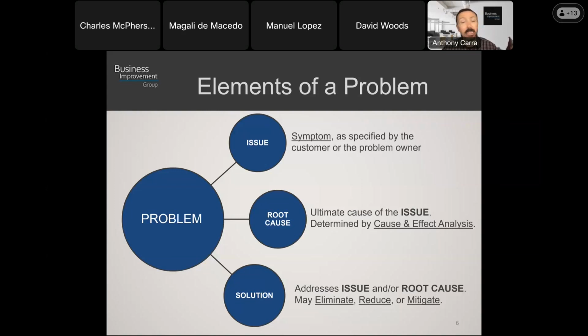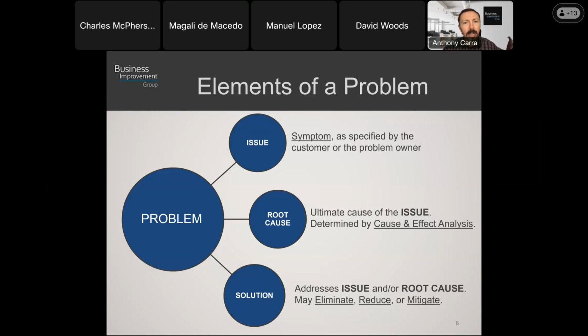If you can't eliminate, at least reduce, meaning lower the frequency of the problem occurring, or mitigate, right? Mitigate meaning that you may come into a situation where there's really not much you can do. The event is going to happen, but you somehow lessen the impact when it does happen. So these are the essence.